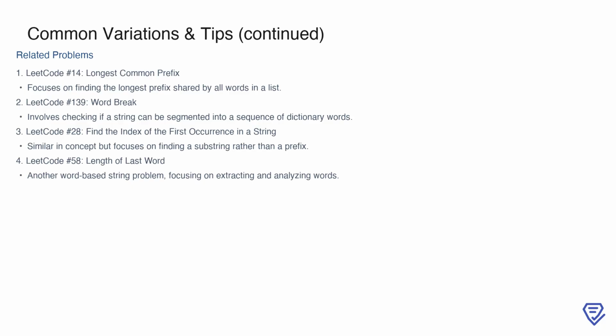Problem number 28, find the index of the first occurrence in a string, is conceptually similar but focuses on locating a substring within a string, rather than just checking prefixes. Lastly, problem number 58, length of last word, looks at extracting and analyzing words within a sentence, which shares similarities with the way we split and process words in this problem. Exploring these related problems can help you build a deeper understanding of string manipulation techniques and their diverse applications.